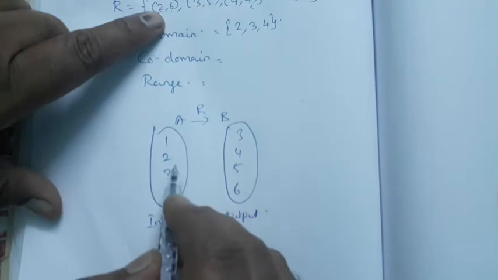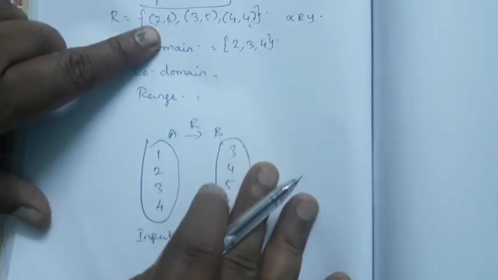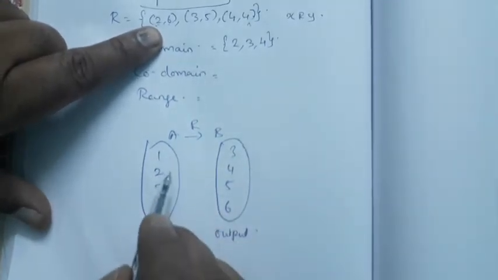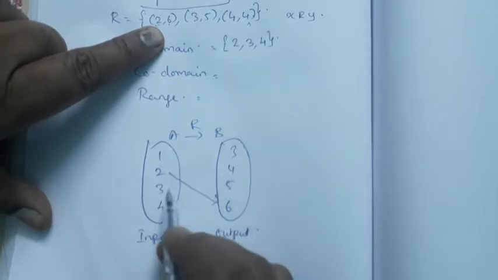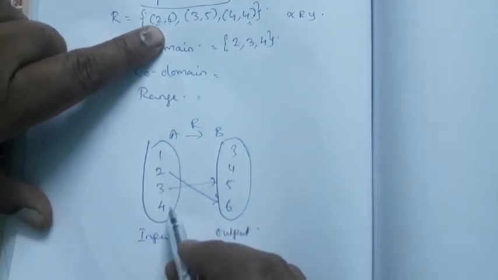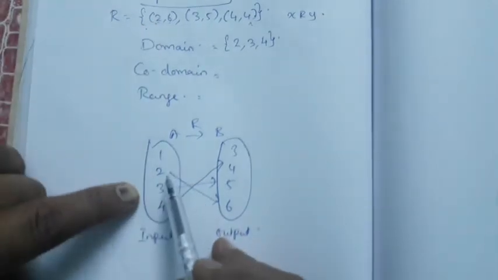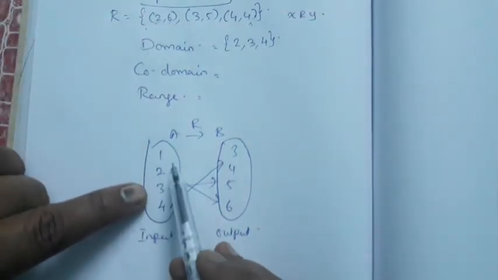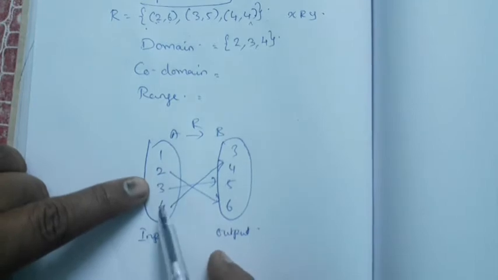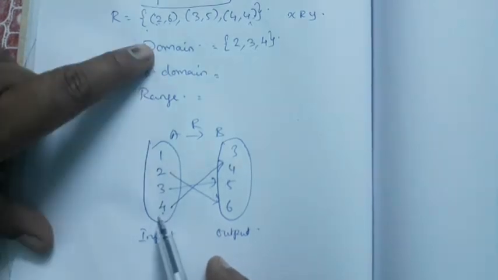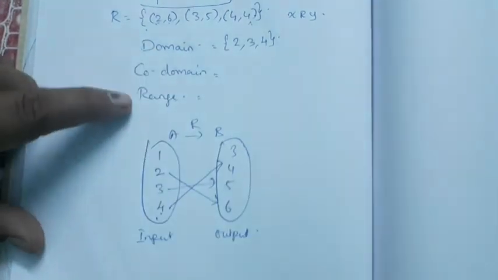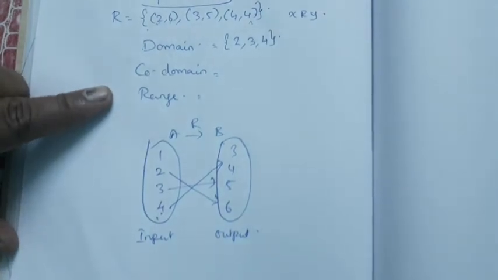So here 2 maps with 6, 3 maps with 5, and 4 maps with 4, isn't it? So the elements which are involved in mapping from set A are considered as the domain. And what is the range?